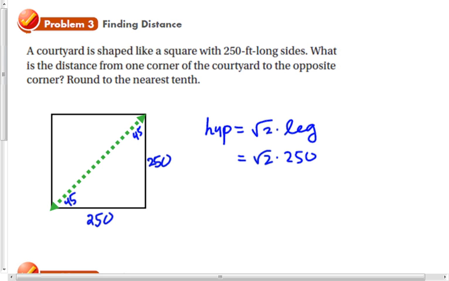And so h is equal to square root of 2 times 250. If we approximate that, we get about 353.6 feet. All right, you try that.